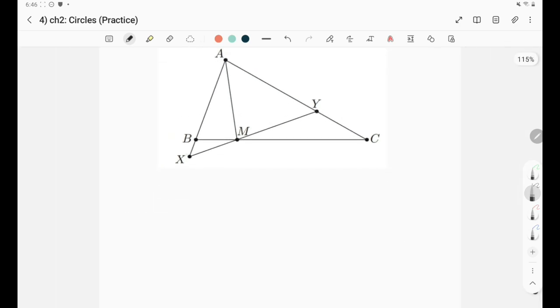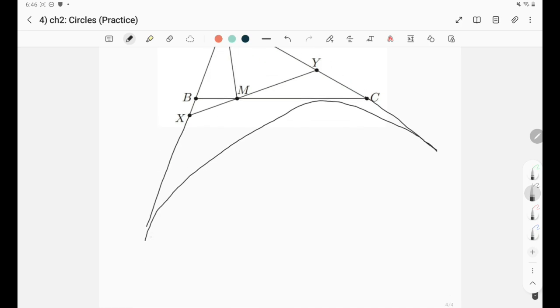So I'm just going to extend this thing here. And extend this thing here. And let's say, okay, this is not going to be accurate, but something like this. Of course, this is a very bad circle.